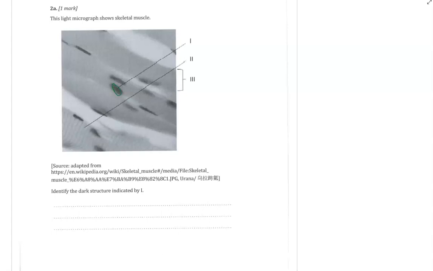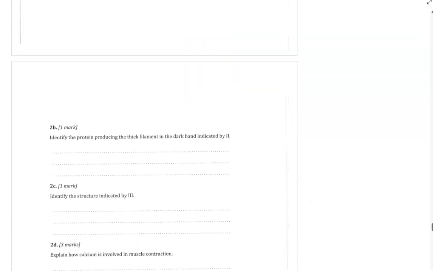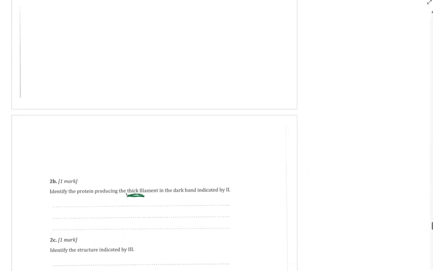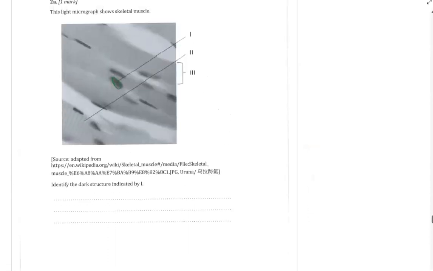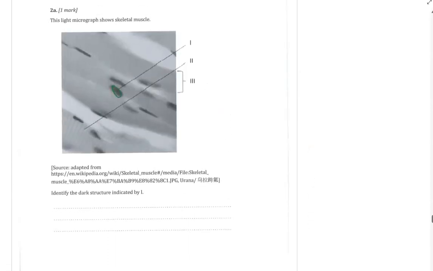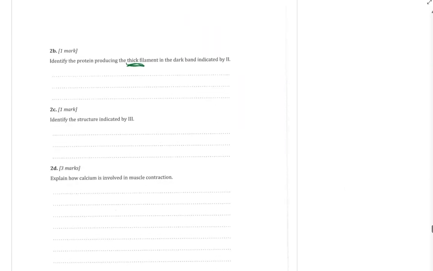And then it says, identify the protein producing thick filament indicated by the dark band indicated by 2. So the thick filament, that is myosin. And then part 3 is to identify number 3. So that's this whole sort of section, which is going to be a muscle fibre.